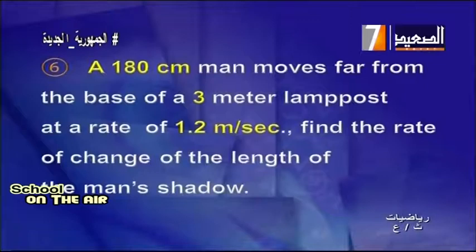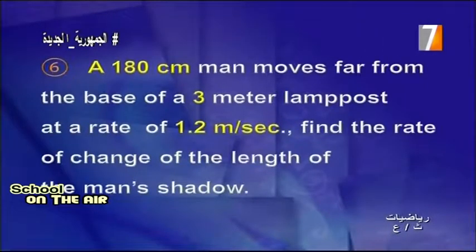Number 6. A 180 centimeter man moves away from the base of a 3-meter lamppost at a rate of 1.2 meter per second. Find the rate of change of the length of the man's shadow.